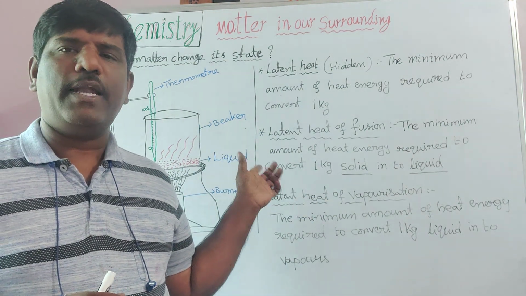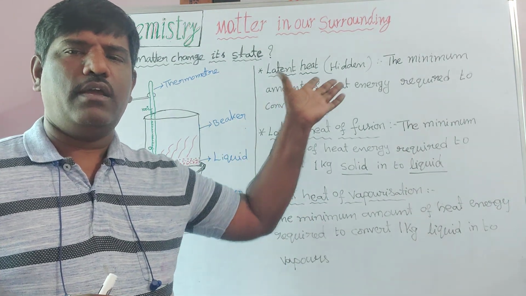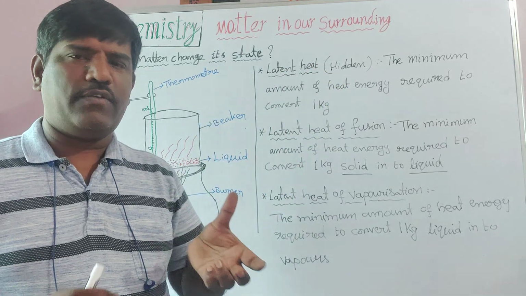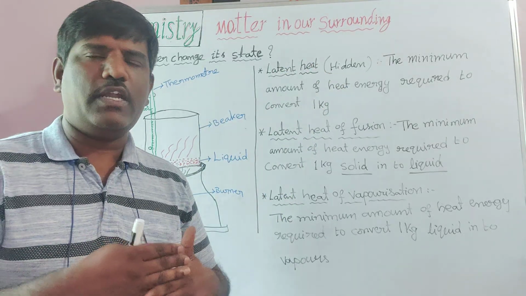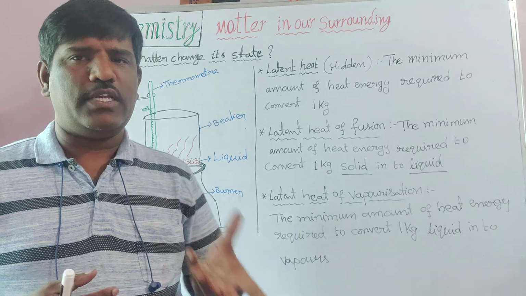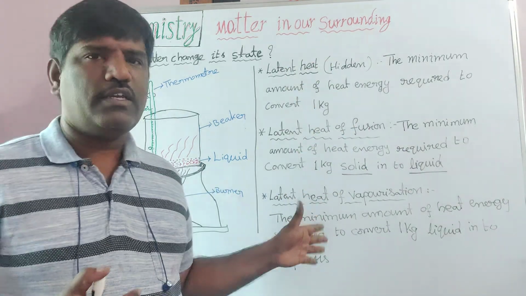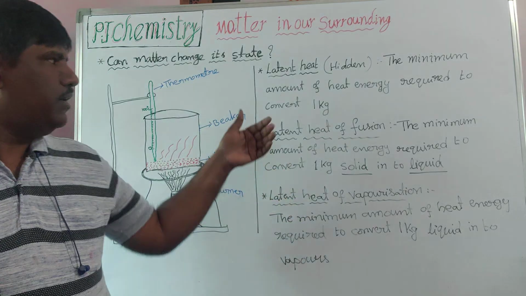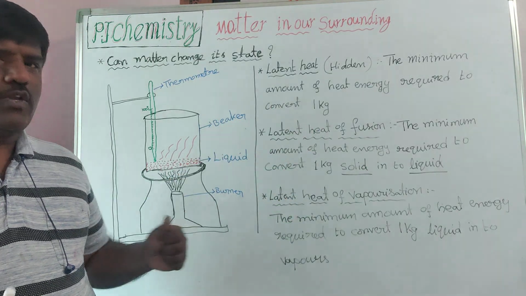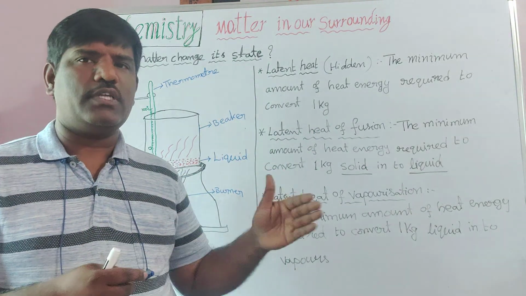That is only melting and boiling, and whatever minimum heat energy is required for melting or boiling, we call latent heat. The latent heat of fusion is to convert 1 kg solid into liquid.